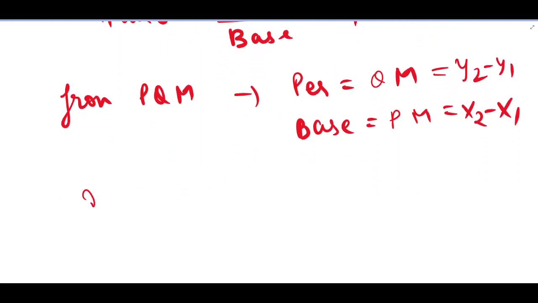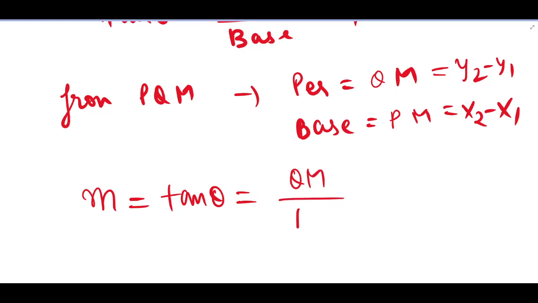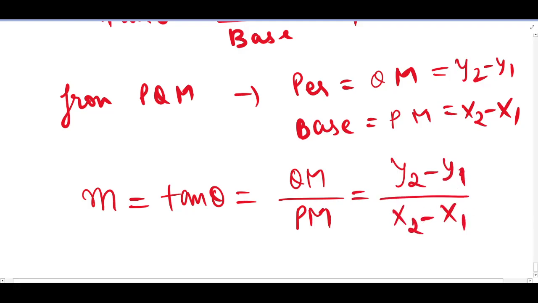So slope m is equal to tan theta, equal to QM by PM, equal to y2 minus y1 divided by x2 minus x1.